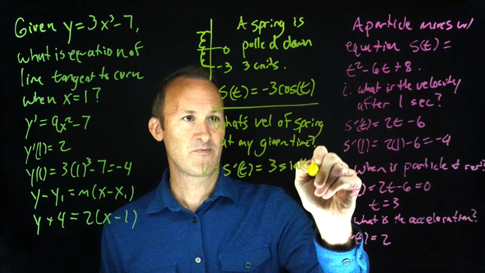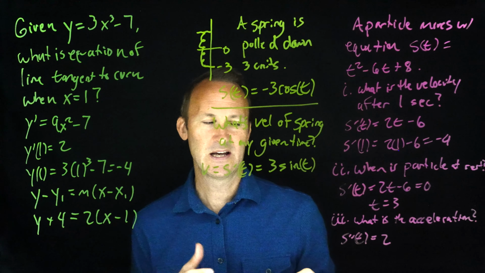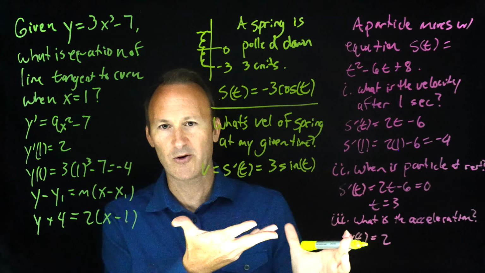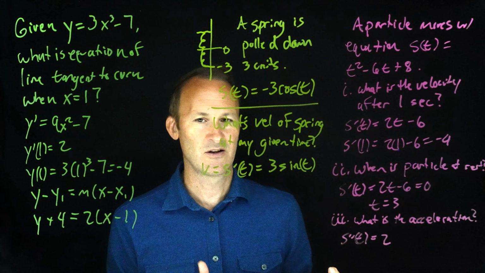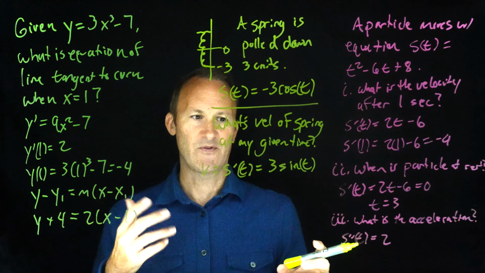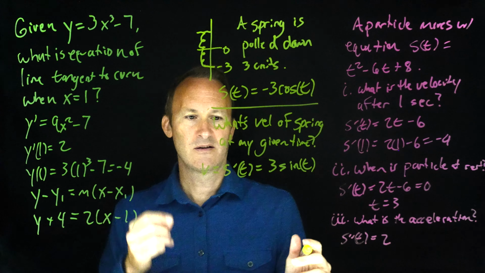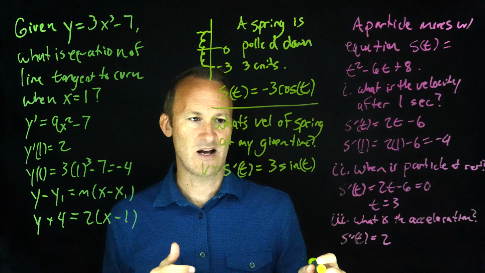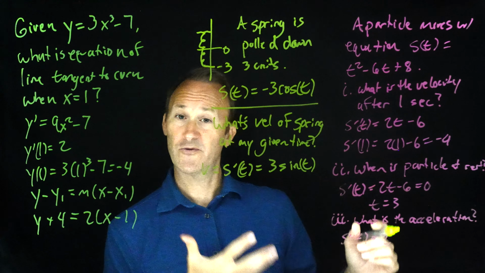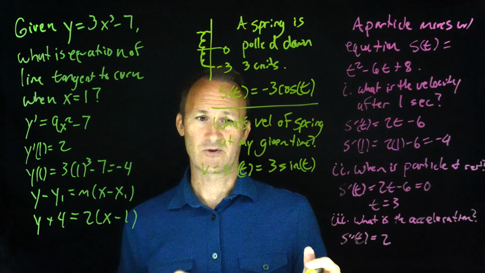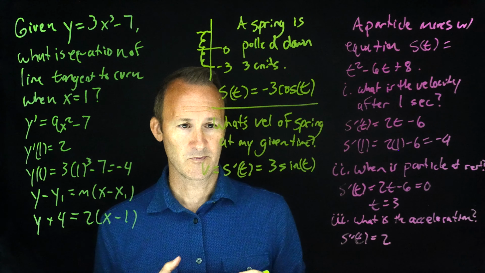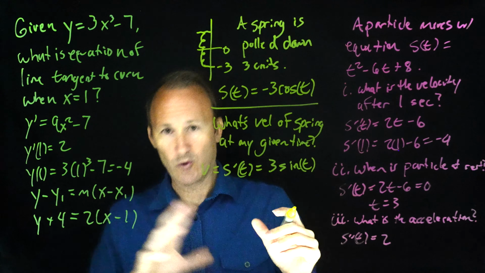Very cool, very straightforward, and this is similar to the particle problem. You can ask, how often does the spring stop? What's its velocity at time pi/4, or pi/4 seconds? Maybe we'll just quickly do those.